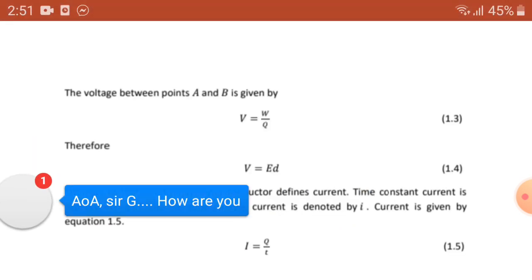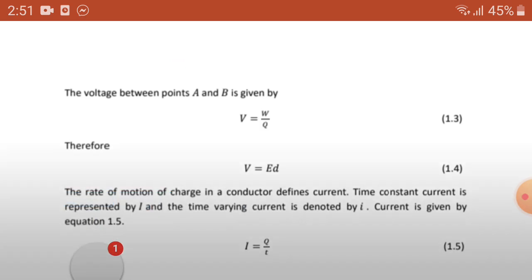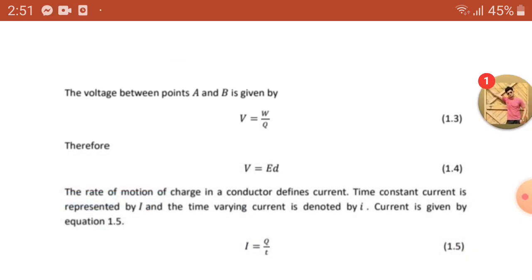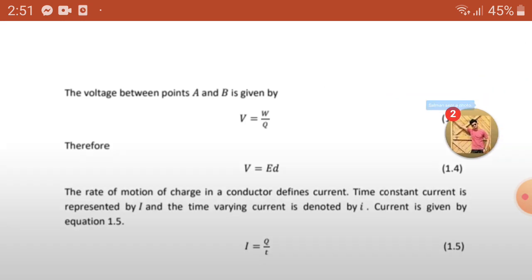So the voltage between points A and B is given by equation number 1.3.